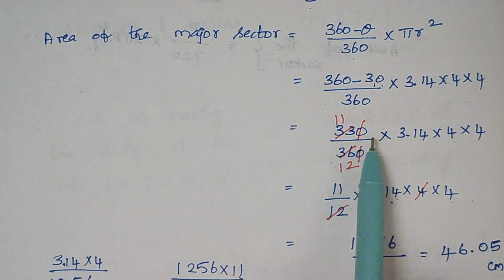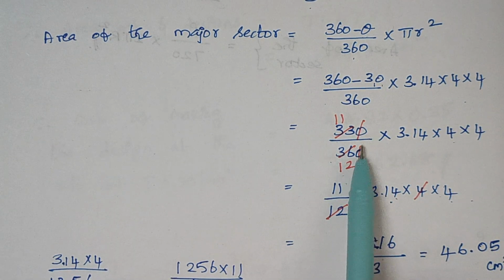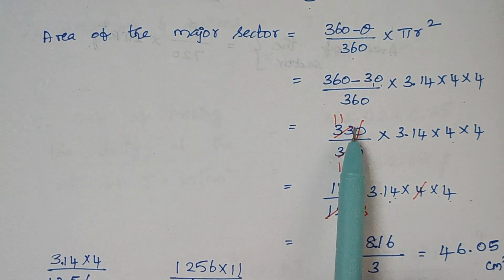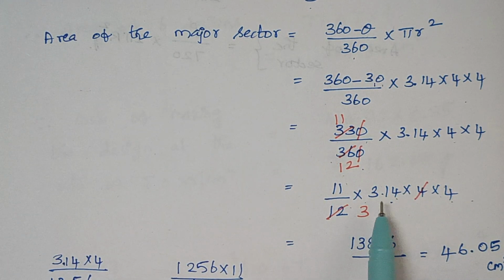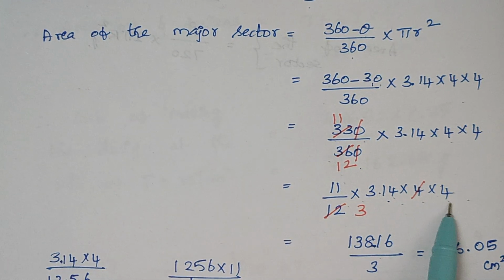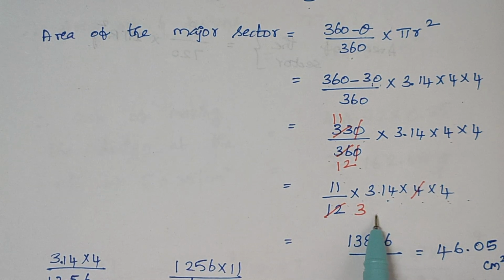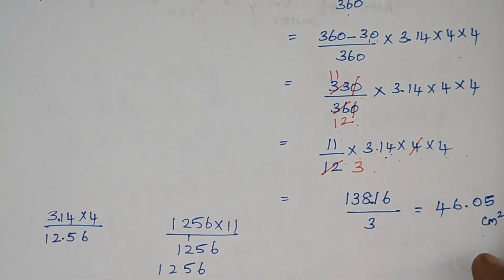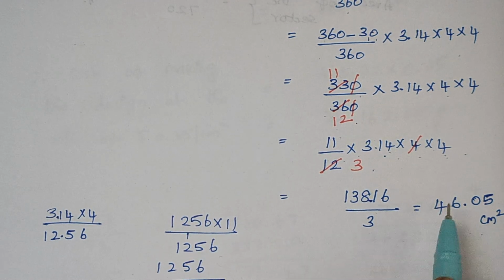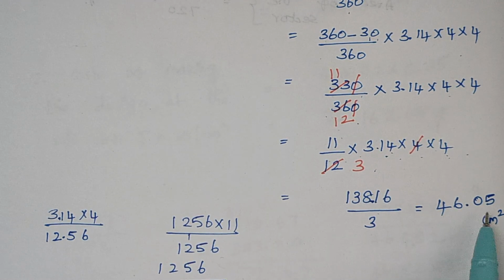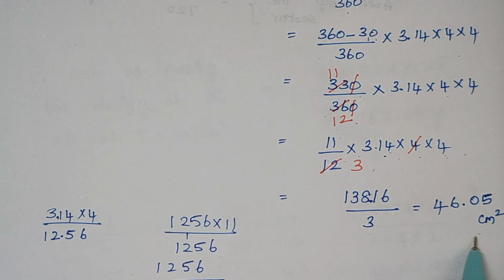When you cancel this 330 and 360, 0, 0 cancel each other, and 33 and 36 cancel by 3. So 11 by 12 into 3.14 into 4 into 4. So 4 and 12 cancel by 3 times, and finally here we are getting 138.16 divided by 3, which gives the value as 46.05 centimeters square.